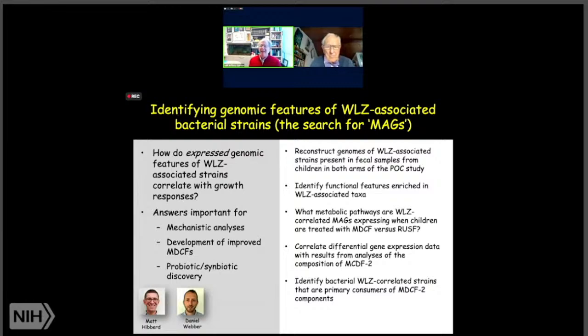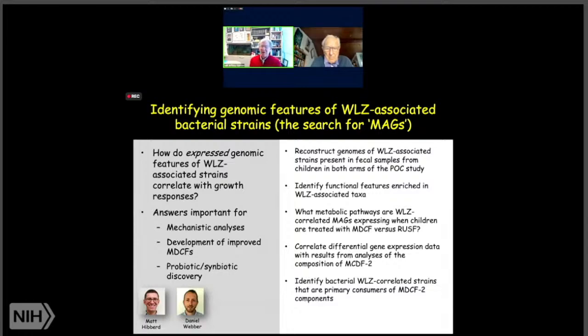Now, the next task, of course, is to get deeper into the mysteries of the microbiota and to understand how these different taxa change their patterns of gene expression. So how do expressed genomic features of WLZ-associated strains correlate with growth responses?